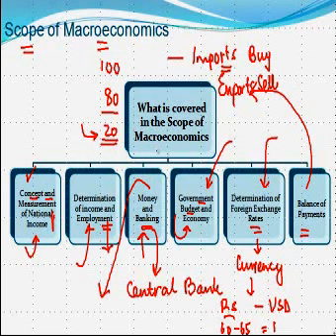Balance of payment basically refers to whether you are positive insofar as balance of payment is concerned or negative. All these form part of macroeconomics, which we will be studying as a part of this detailed syllabus.